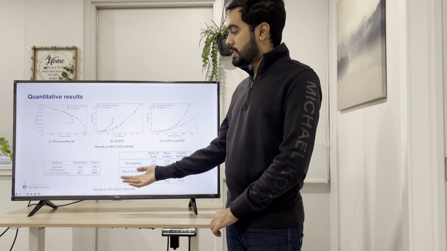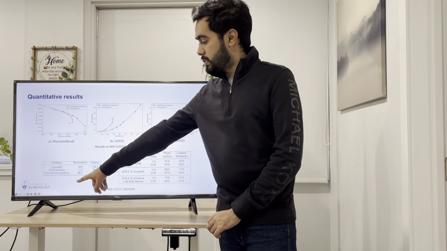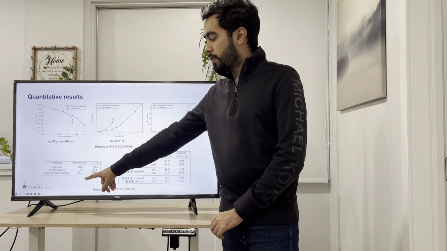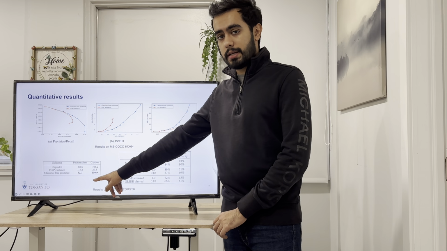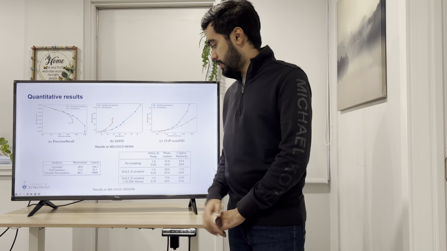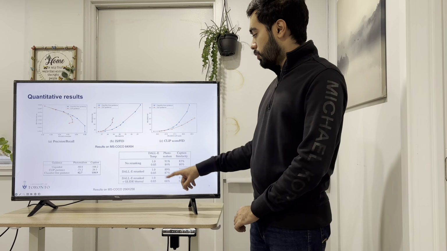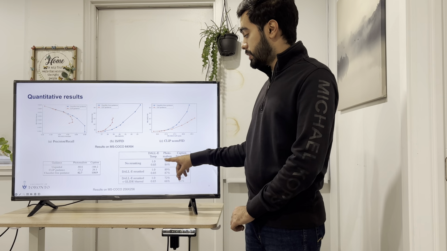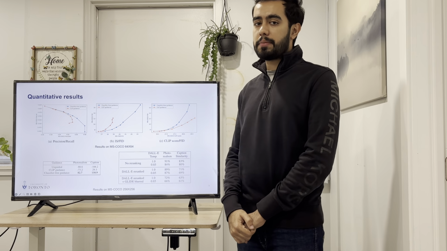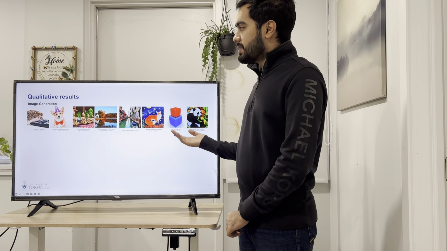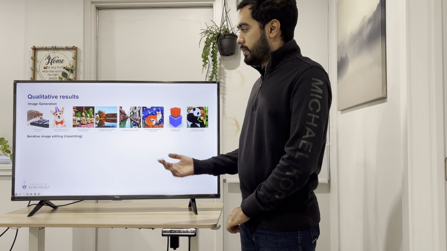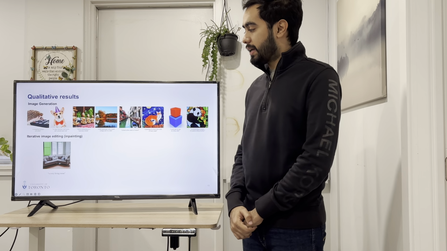We can also see the results of classifier-free guidance against unguided or CLIP guidance, and we can see it performs better in the case of photorealism as well as caption similarity. And we can also see, compared to DALL-E, it is preferred by everyone in terms of photorealism as well as caption similarity.